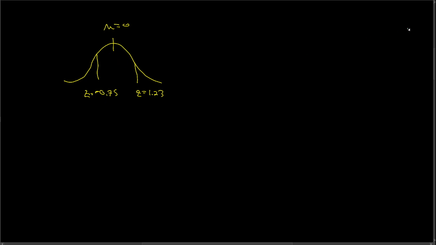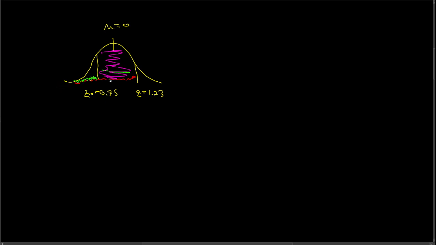And so what we do is we take all of the area up to 1.23 and we subtract out all of the area up to negative 0.75. And that'll leave us the area in the middle.